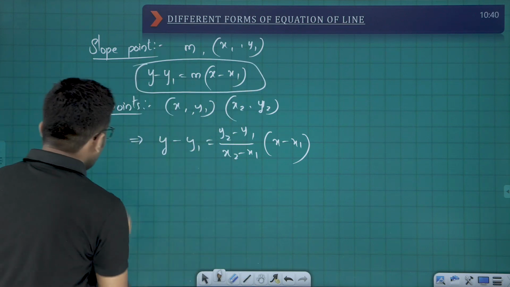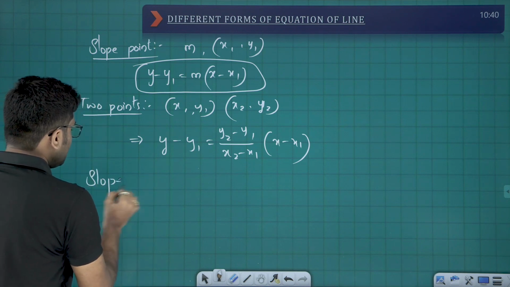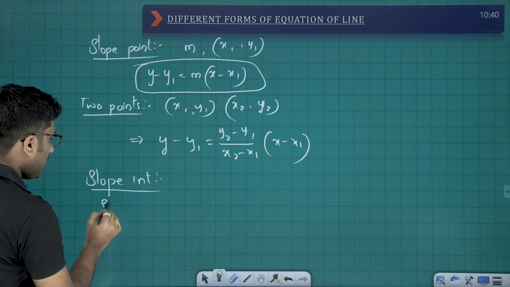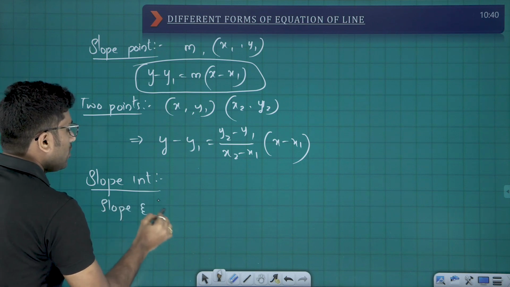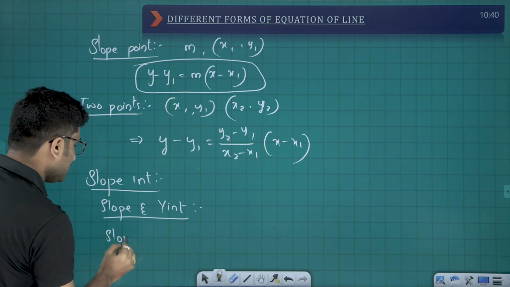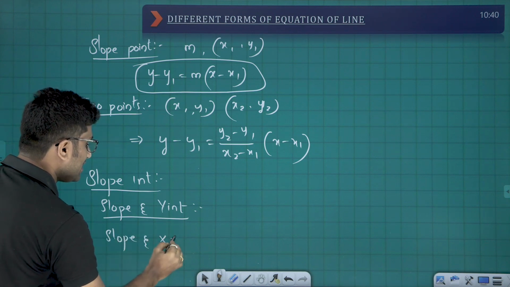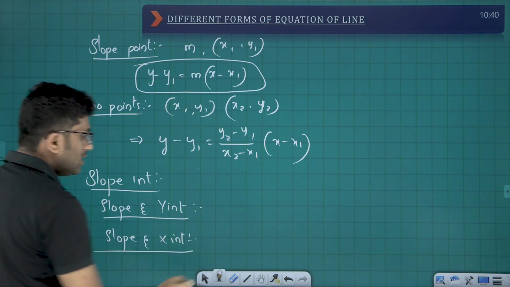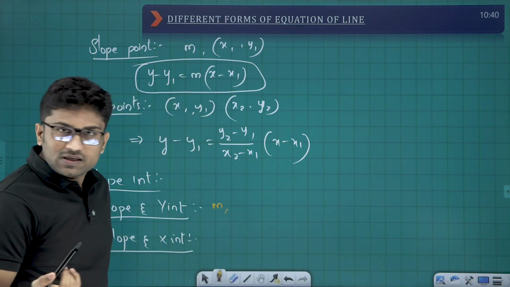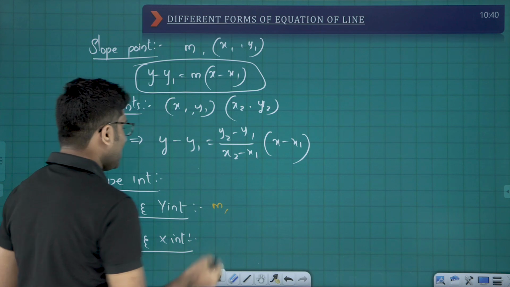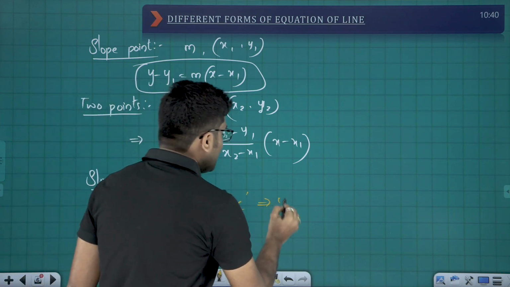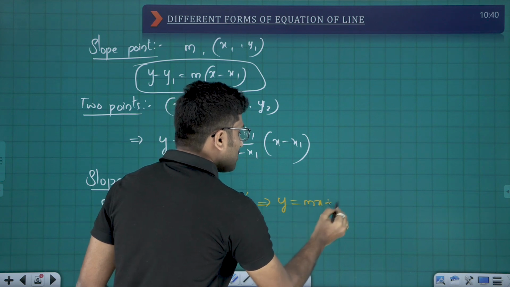So that is the two points form. Next, slope intercept form. In slope intercept form, there are two cases: slope and y-intercept, or slope and x-intercept. Suppose slope and y-intercept are given, let m denote the slope of the line and c denote the y-intercept. Then the equation of the line is y is equal to mx plus c.